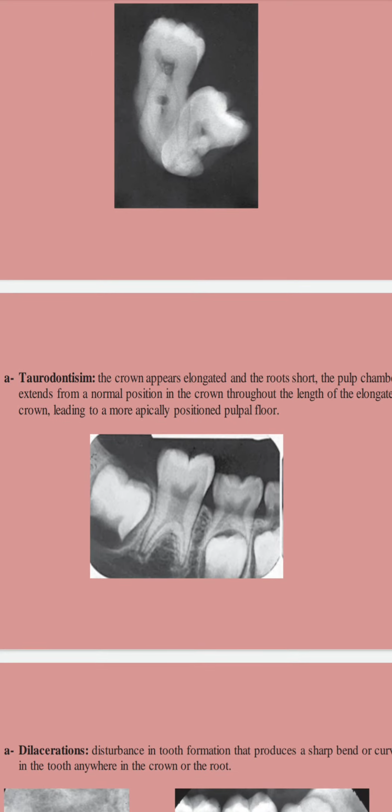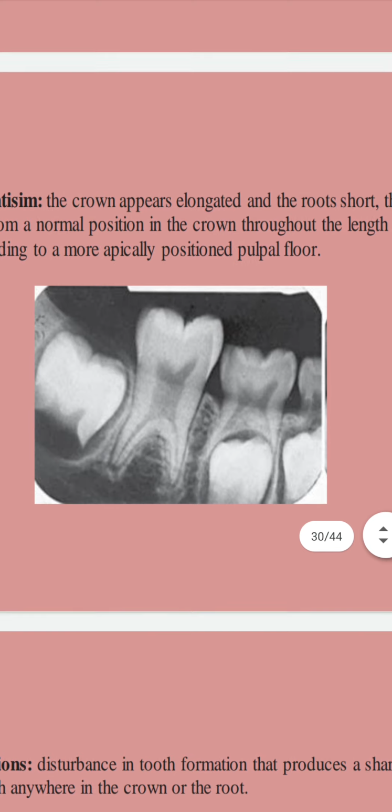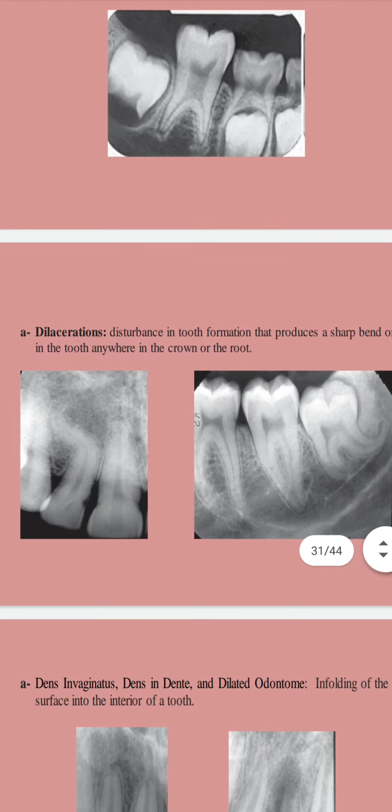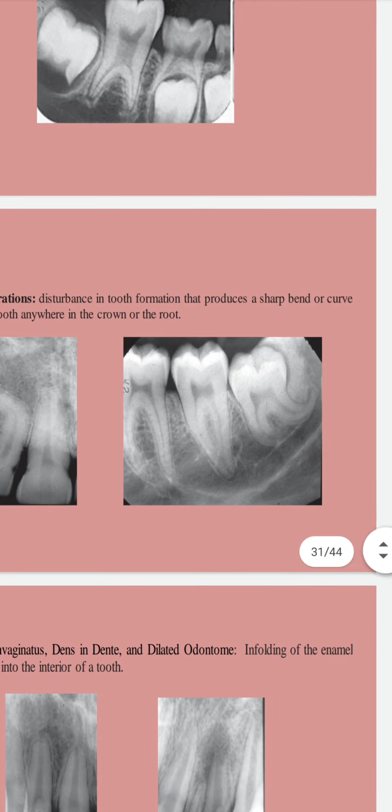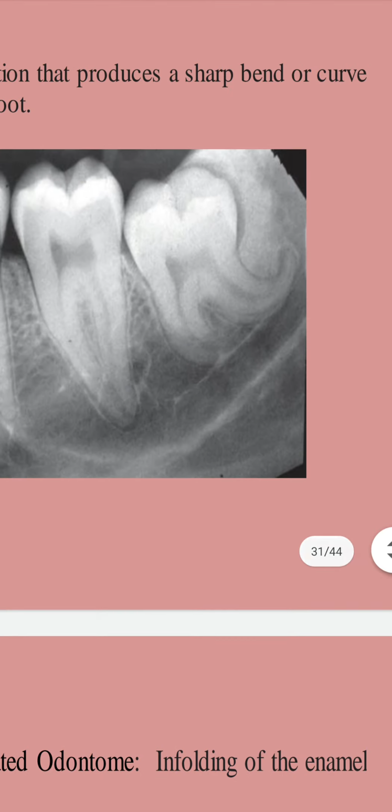Taurodontism. Elongation of the crown of the tooth with a shortening of the root. Dilaceration. A sharp bend or sharp curvature of the root.